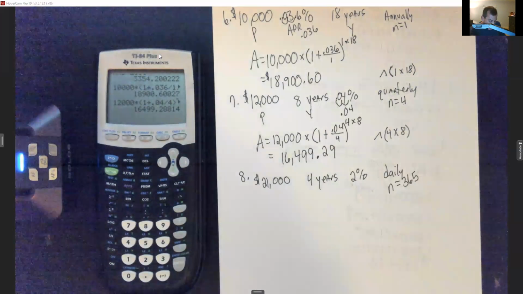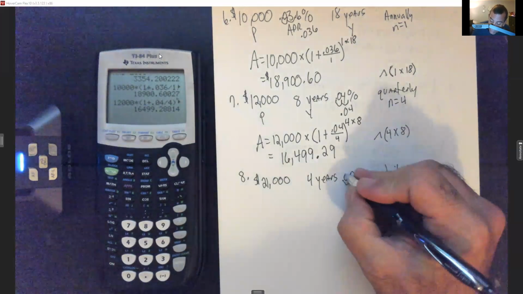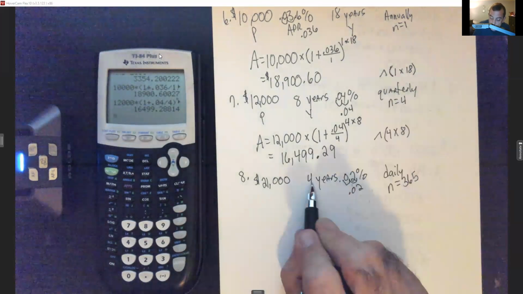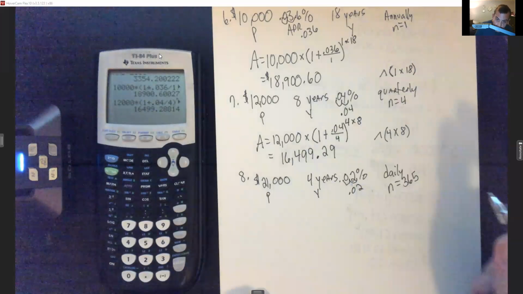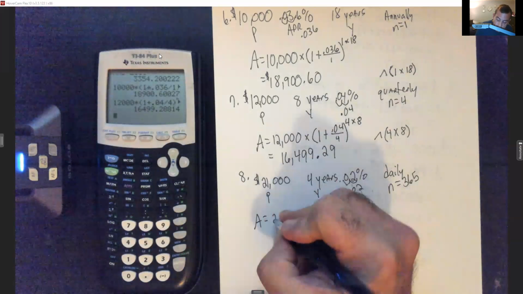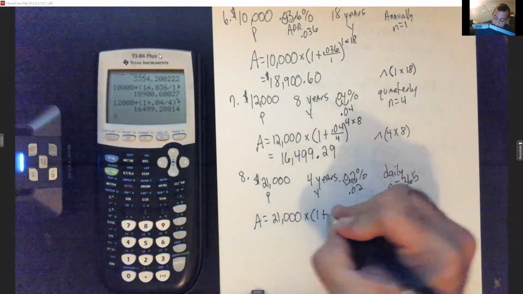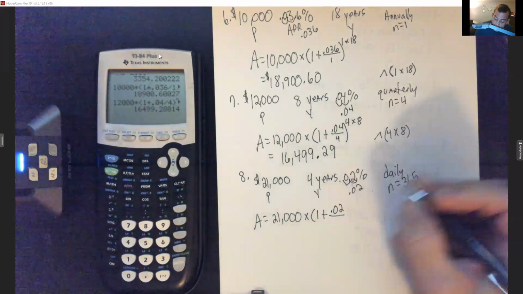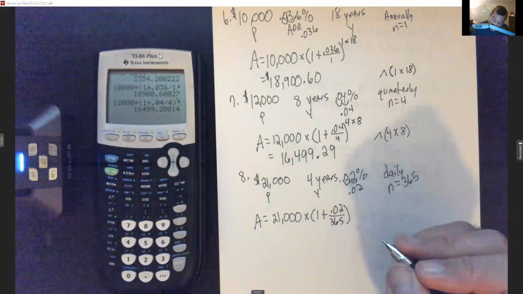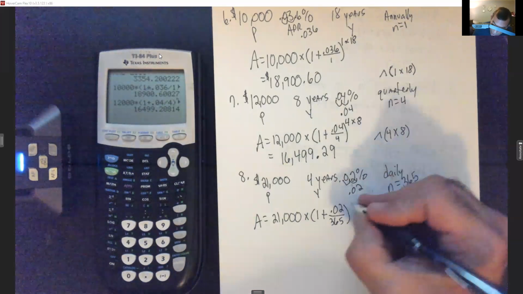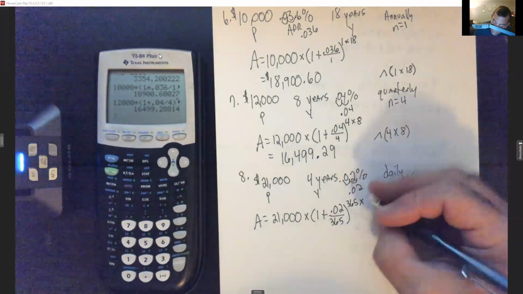That is every day they're compounding it. 2%, move that decimal left twice, make that a 0.02. There's my Y, and there's my P. So once again, I got everything, so let's plug these into our formula. 21,000 times 1 plus 0.02 divided by N, which is 365. Well, all raised to the N, which is 365 times Y, which is 4.